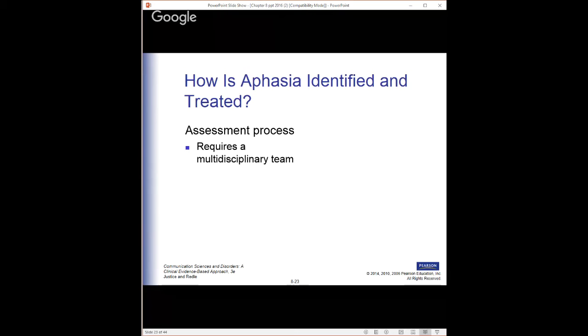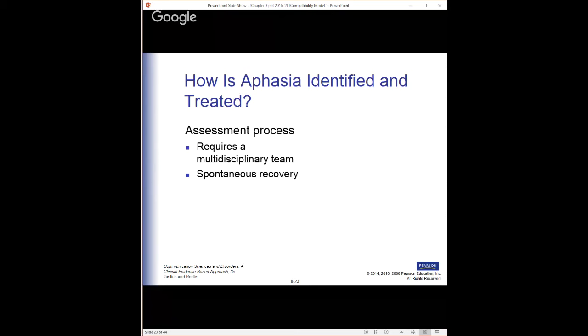And in this assessment process, there will be the presence of a multidisciplinary team. And this might include physicians, nurses, physical therapists, occupational therapists, recreational therapists, social workers, respiratory therapists, registered dietitians, neuropsychologists, and last but not least, speech language pathologists.